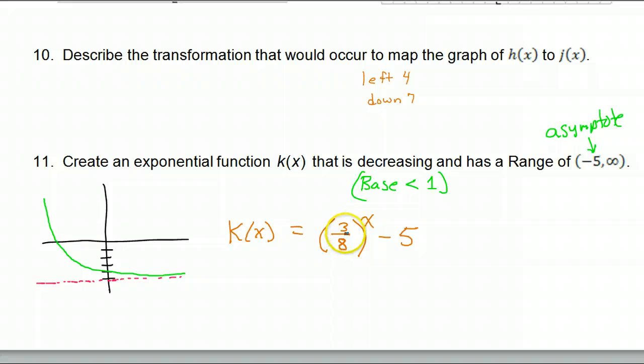But no one's going to just happen to pick 3/8. So be warned, if I see anybody copy down 3/8 to the x power and then the -5, everyone's going to have the -5, but anyone I see with a 3/8, I'm going to know that you are a copier and a cheat. And you just copied off of the answer.